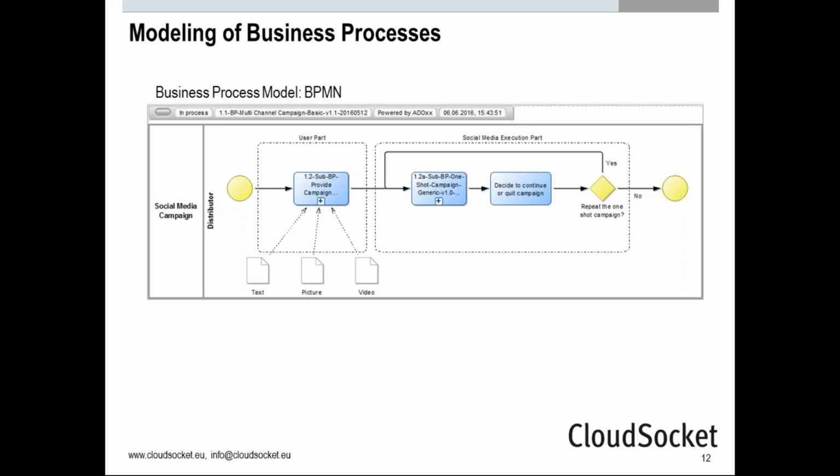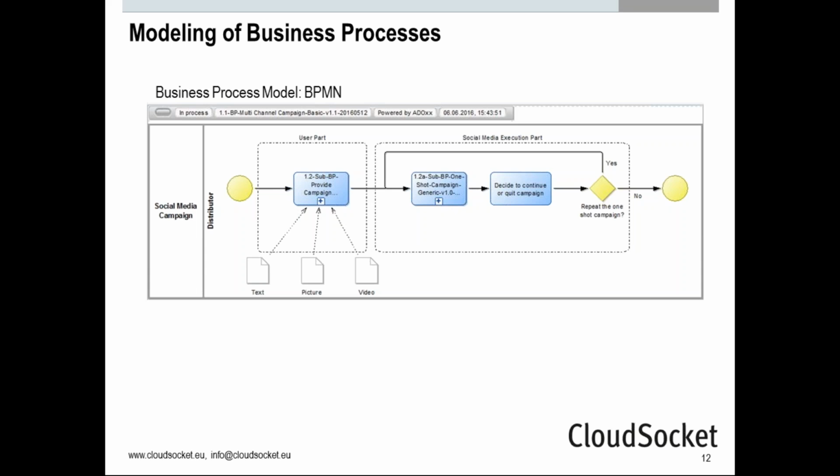In this example we have a process for a multi-channel campaigning. So we have a sub-process to provide the campaigns, and then we have several kinds of campaign which are the second sub-process, and when a campaign has been done, we can decide whether we want to continue or whether we want to quit the campaign.